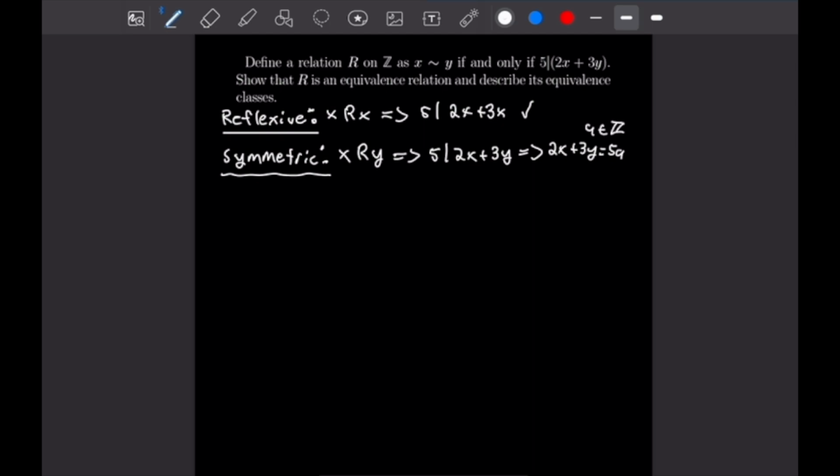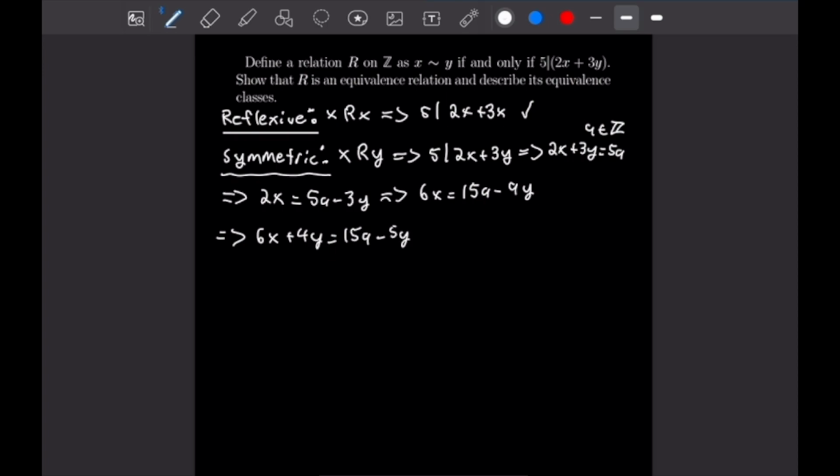So from there, we will subtract the 3y to the other side, so we will get that 2x is equal to 5a minus 3y. We can multiply both sides by 3 to get that 6x is equal to 15a minus 9y. And from here, we are going to add 4y to both sides, and we will get that 6x plus 4y is equal to 15a minus 5y.